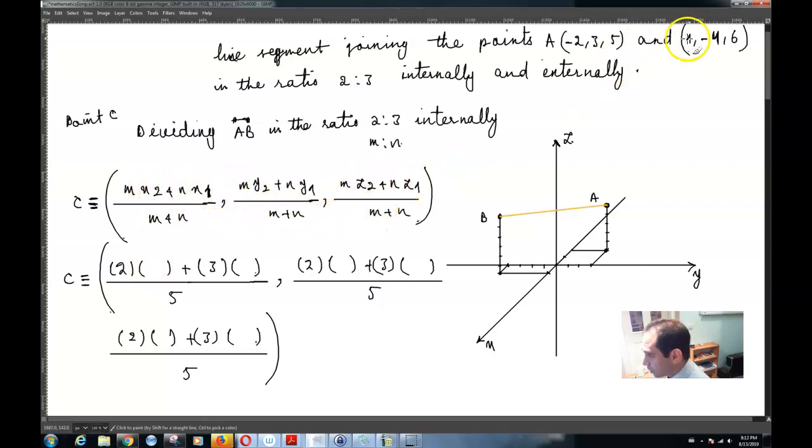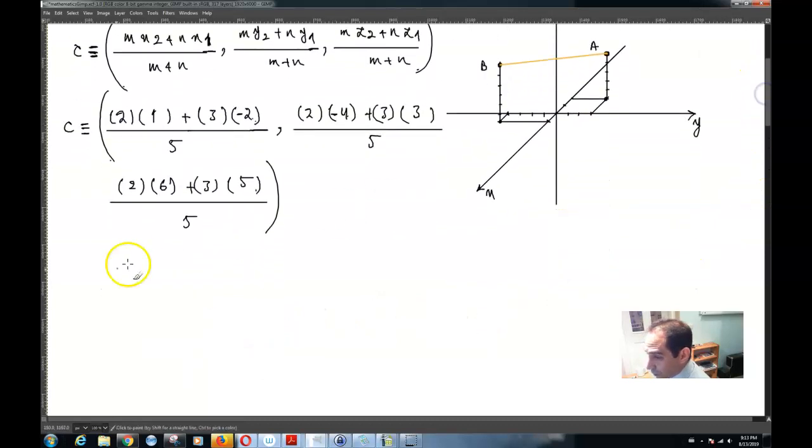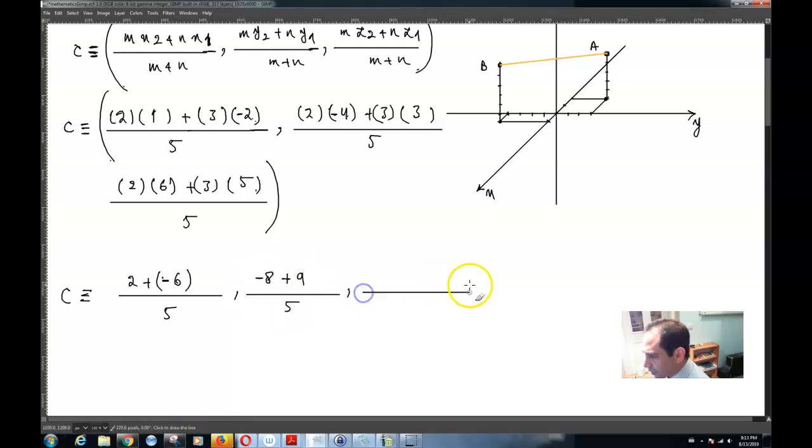So x2, x1 would be 1, negative 2, and then you have y2, y1, which is negative 4 and 3, and then you have 6 and 5. So if you calculate this, what you will get is 2 plus negative 6 over 5, and then you have negative 8 plus 9 over 5, and then you have 12 plus 15.